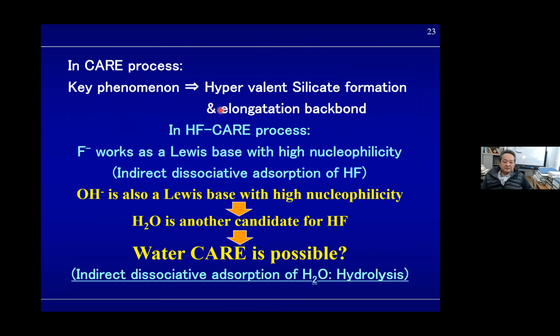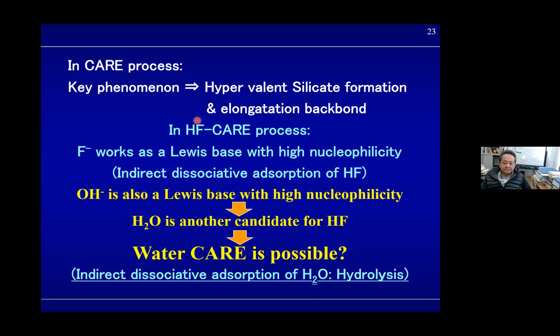Okay. So far in the CARE process, we found the key phenomenon is the hypervalent silicate at the step silicon. And due to this hypervalent silicate, the back bond becomes longer and weakened. This is a very important phenomenon.